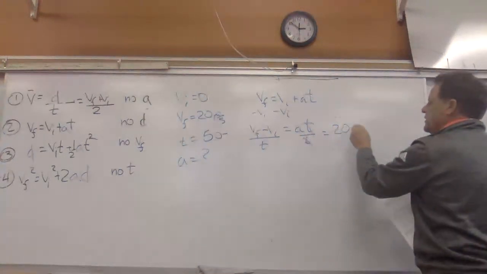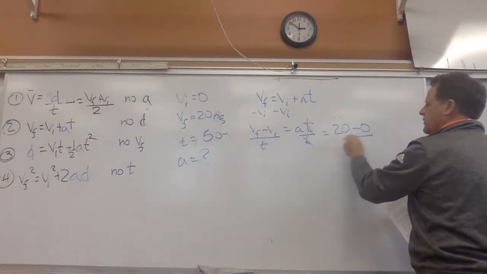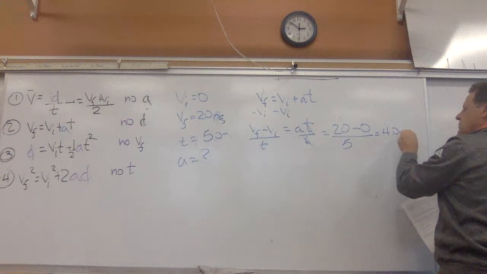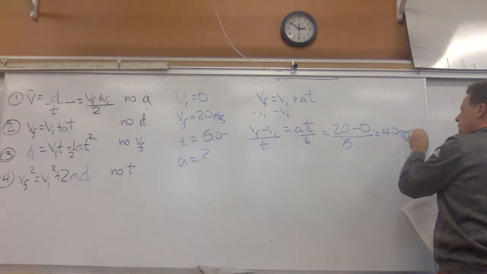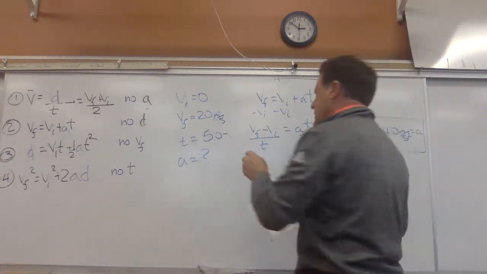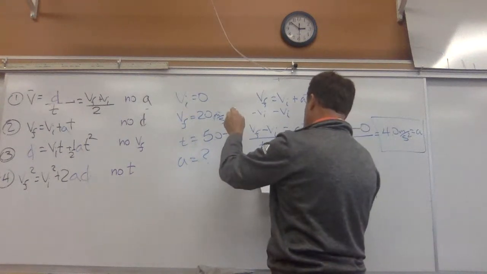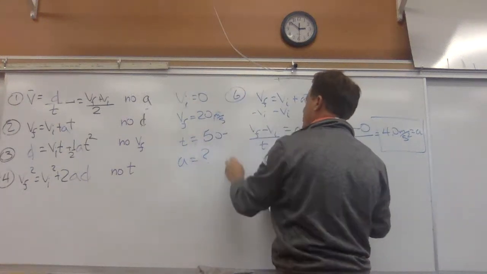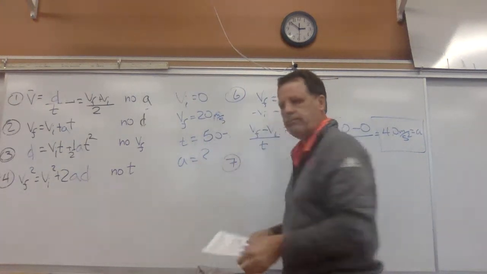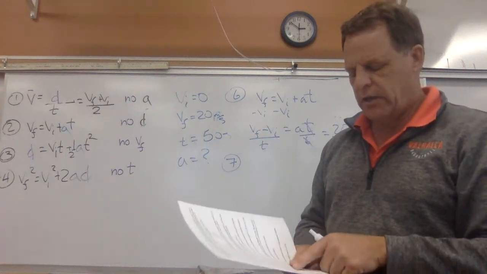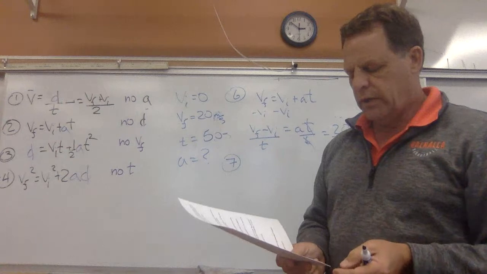So we're going to have 20 meters per second minus 0 divided by 5, and that's going to be 4 meters per second squared. And that is our acceleration, and that is question number 6.